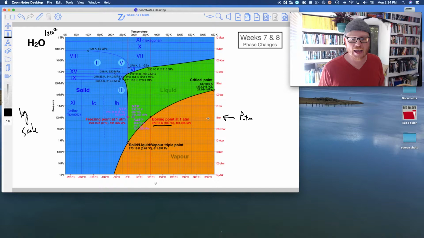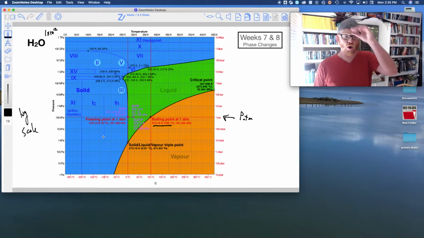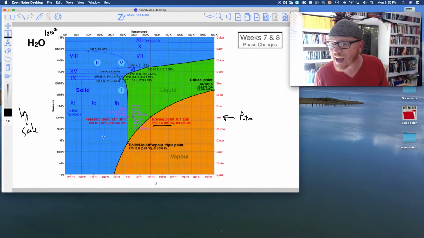And if I keep scanning across that atmospheric pressure line, roughly, there is also now my normal freezing point, okay? So consider, 1 bar is 101.325 kilopascal, which is not quite atmospheric pressure, but very close. It definitely is standard pressure, okay?